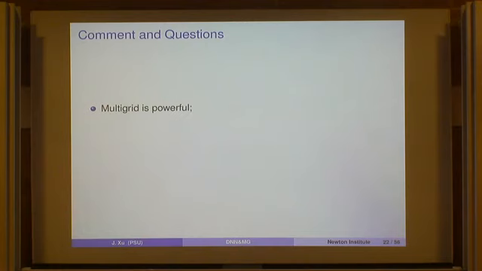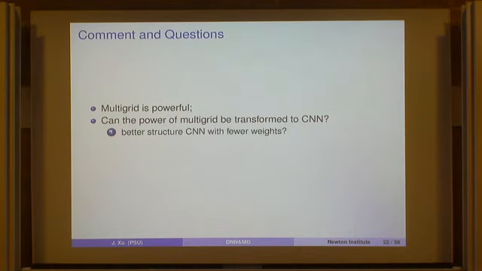Now the question is that multigrid is powerful when it can apply. Sometimes it's difficult to get it to work. But can the power of multigrid be transferred to machine learning? That is my question. This actually has the CNN structures, and that is what I was originally thinking about.